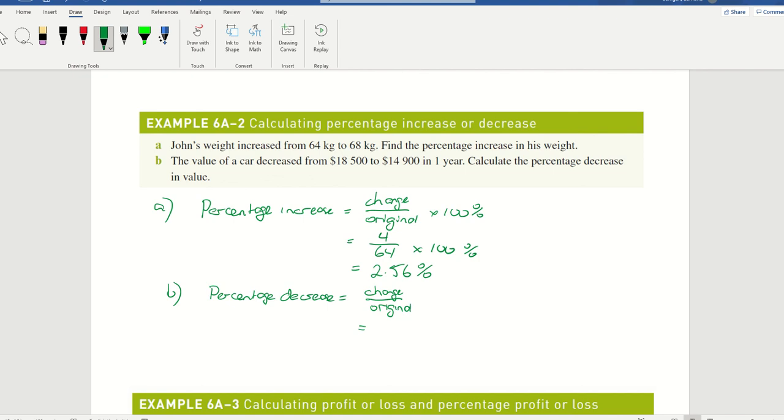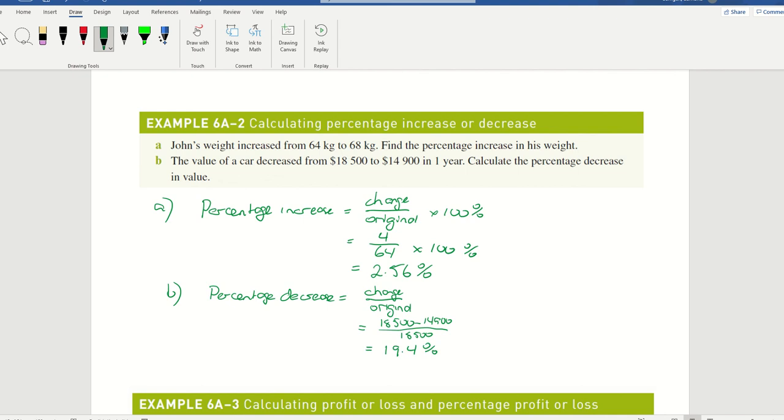And my change is it's going from 18,500 to 14,900. So I can actually write that up the top if I want. That's the change. And the original amount is 18,500. So my change is percentage increase, etc. 19.4% decrease.